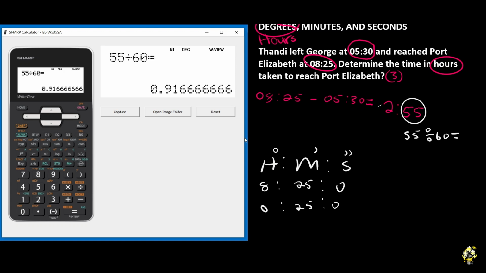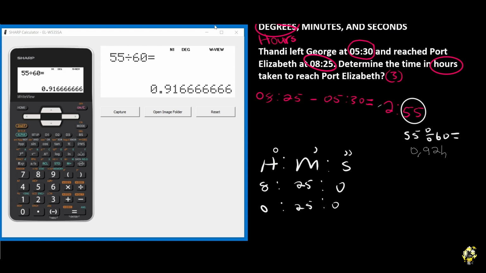Let me write it down here. It's 0, comma, it would have to be 92 because it's to 2 decimal places. So hours, because we just converted minutes to hours.